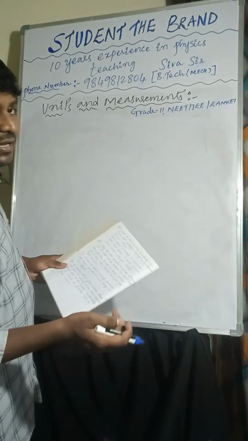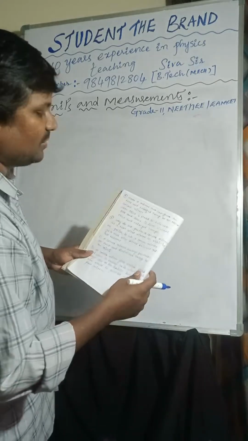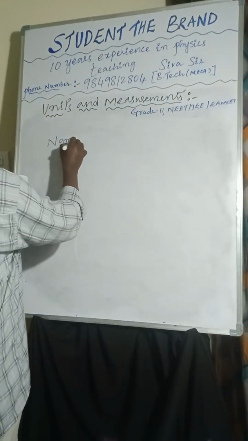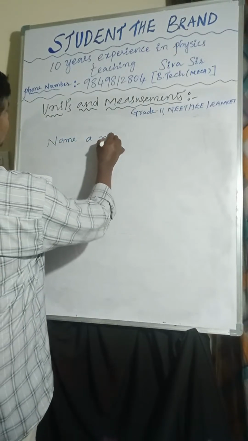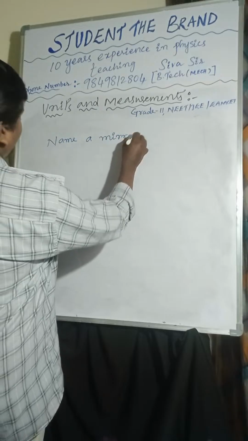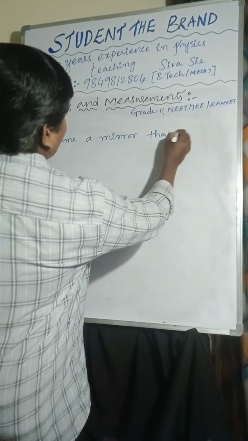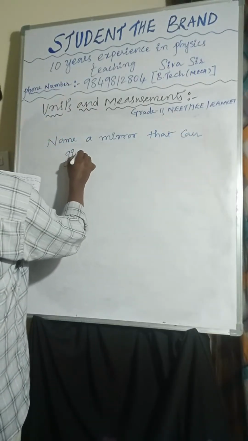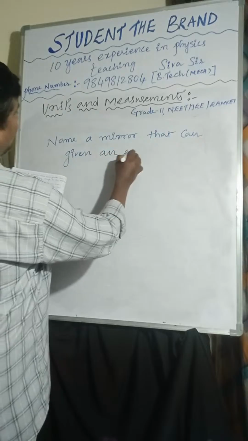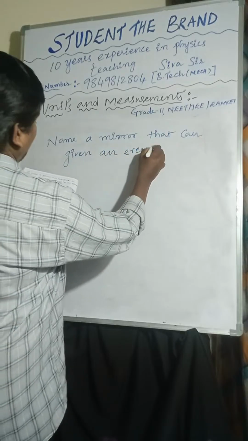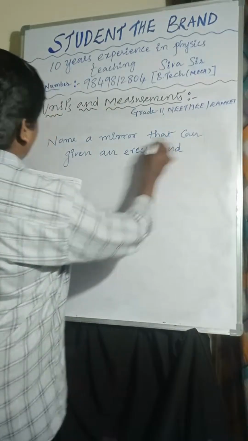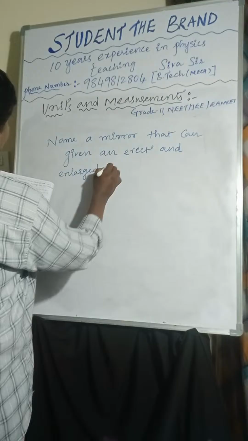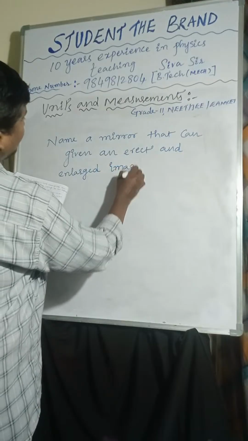So the question is, I'll write: name a mirror that can give an erect and enlarged image of an object. The answer is only a single line.